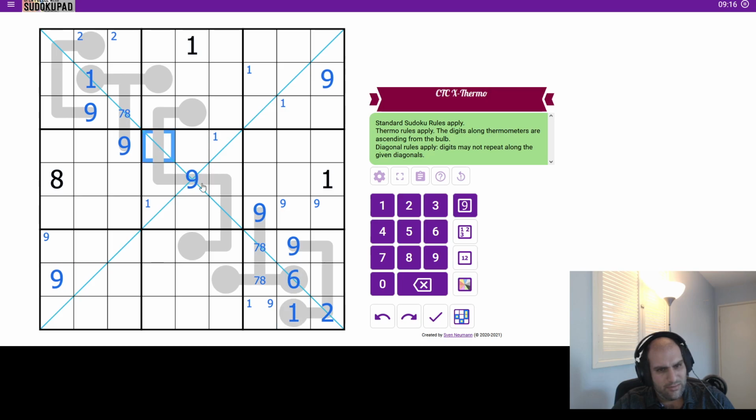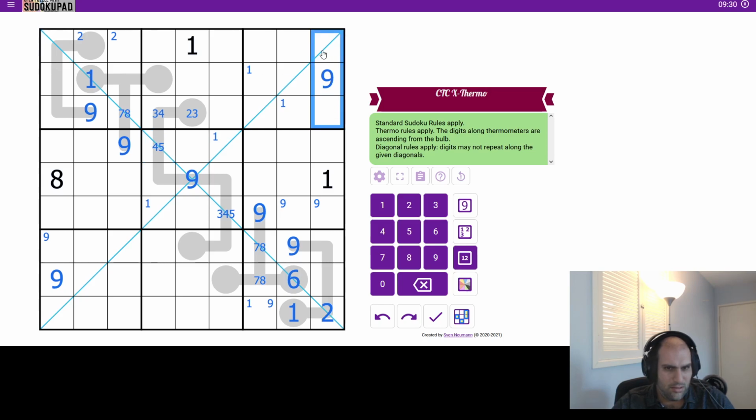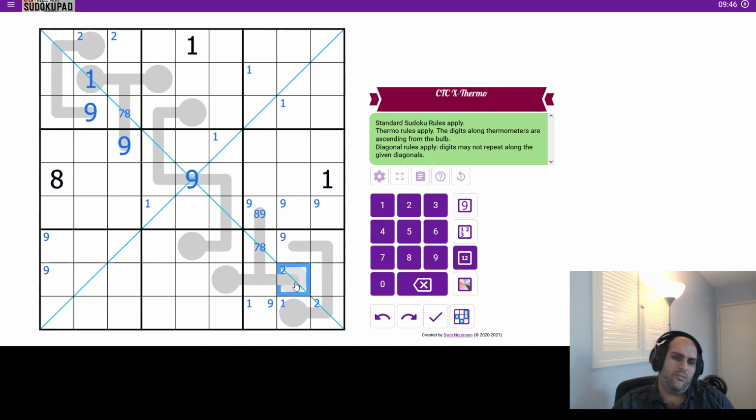So it's 5. This cell can't be a 3. Doesn't seem to affect anything else all that much. Because the main thing against putting 6 here is that it takes up squares for low digits.